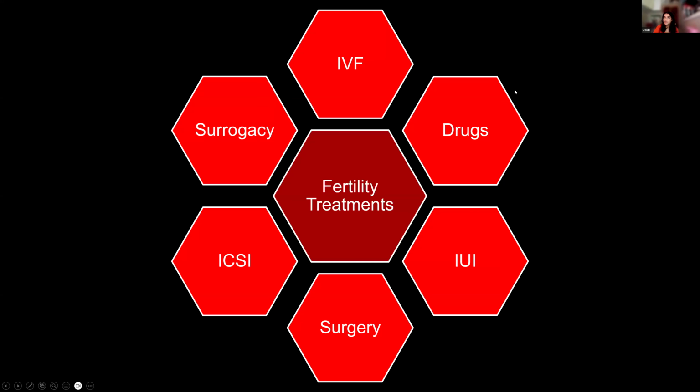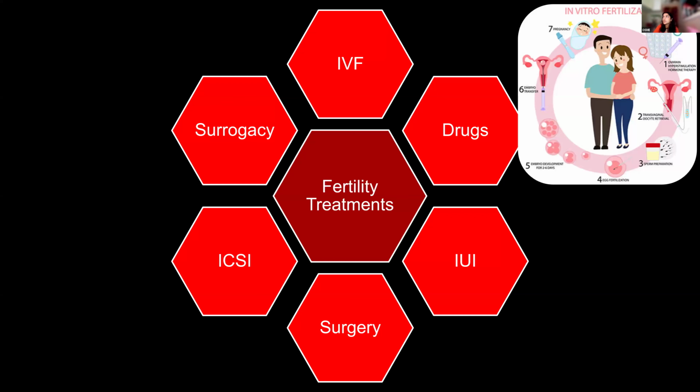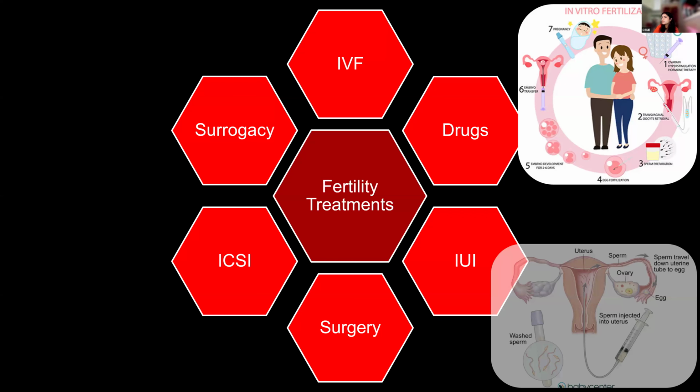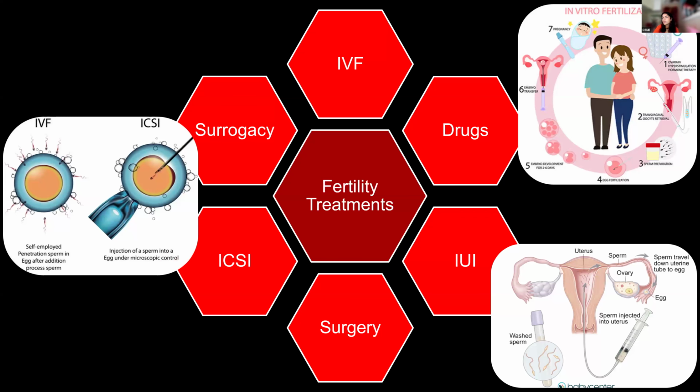Okay, so now talking a little bit about how fertility treatment can help overcome infertility. So you have IVF, drugs, IUI, and ICSI. IUI is intrauterine insemination. I think it's really important to make sure that we all know the difference between IVF and ICSI.